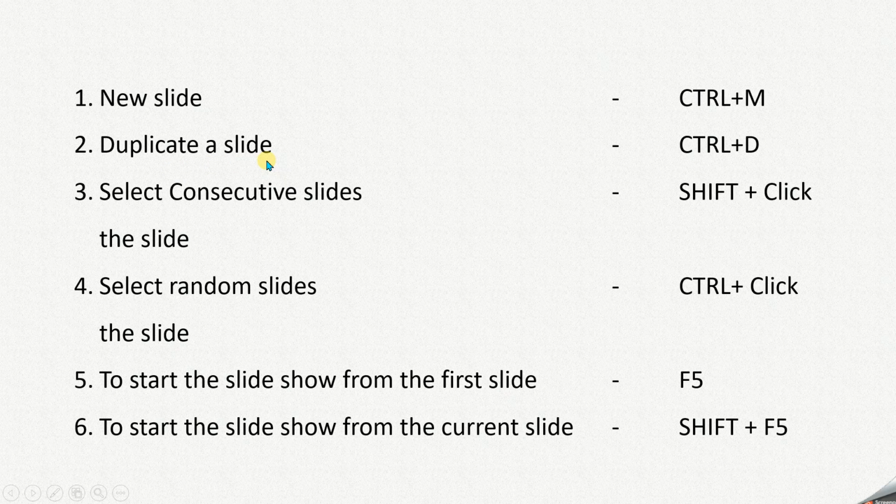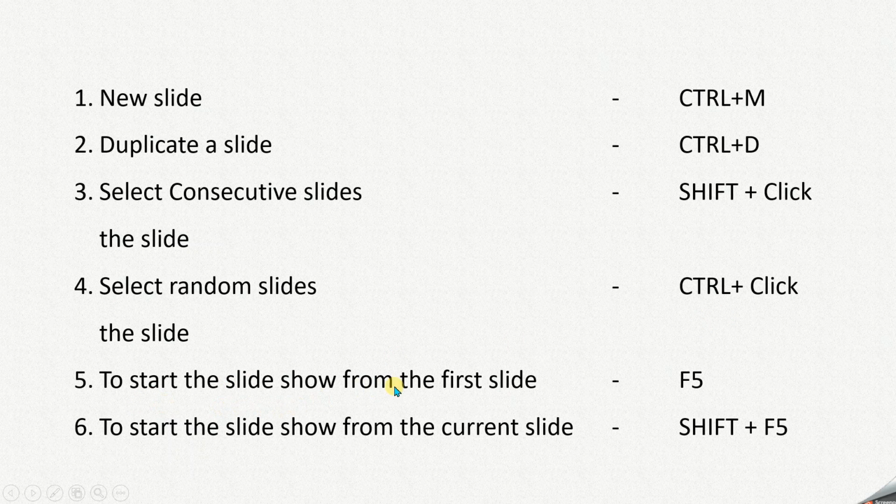And to duplicate this slide, Control plus D. To select consecutive slides, I need to click on Shift and click on the slides. And then to select random slides, I need to use the Control key and select the slides.